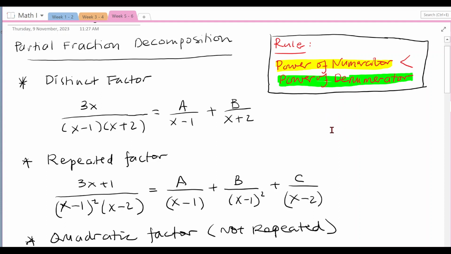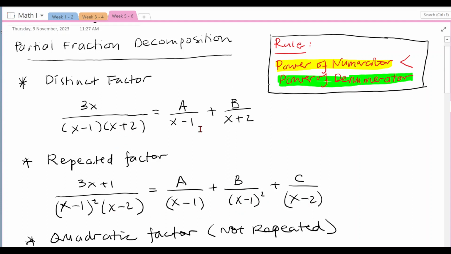The other example, or the other tip if you like, is the one that contains a denominator with a repeated factor. So for example here, (3x plus 1) over (x minus 1) squared times (x minus 2). It can be decomposed into x minus 1, and then (x minus 1) squared, and then finally the second term, x minus 2.